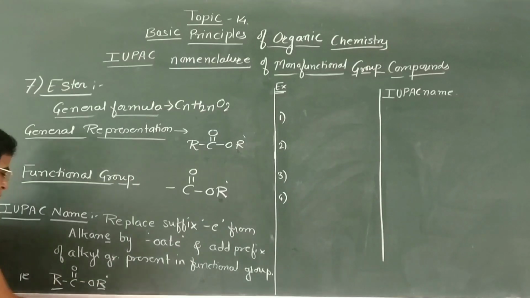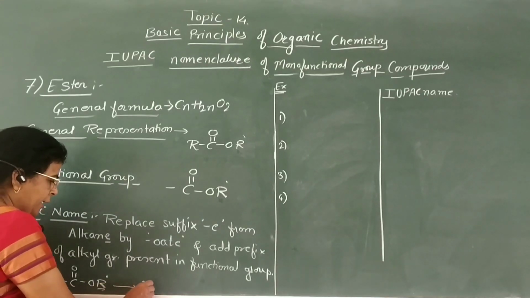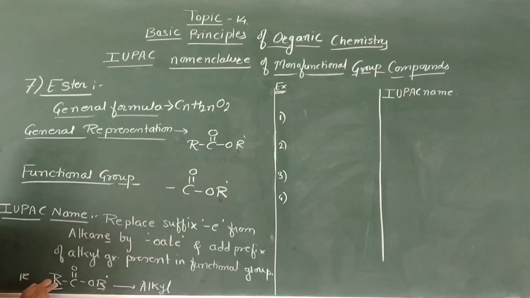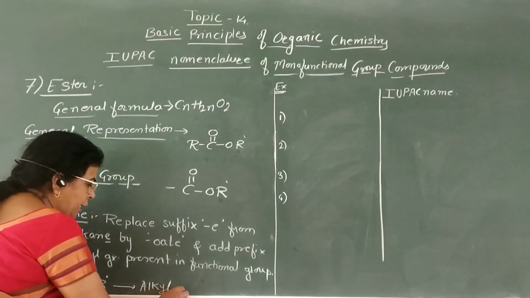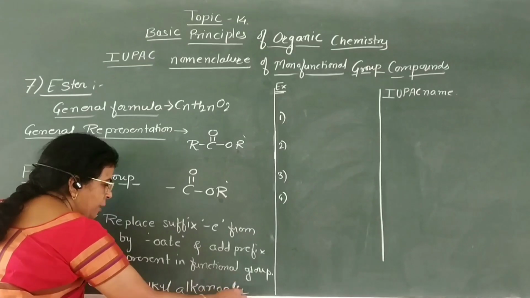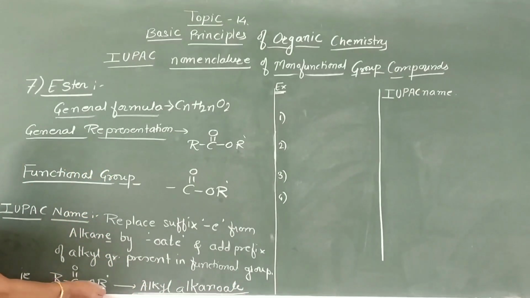That is prefix of alkyl group, and here there is parent alkane RH, that is alkane, and E from alkane is replaced by OATE. It becomes alkyl alkanoate. This is the IUPAC name of this general example of ester.